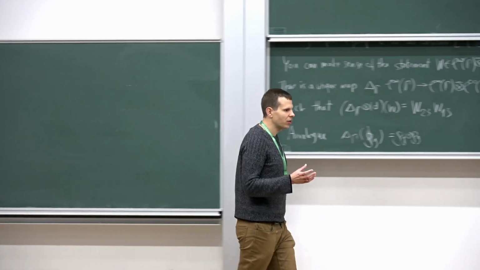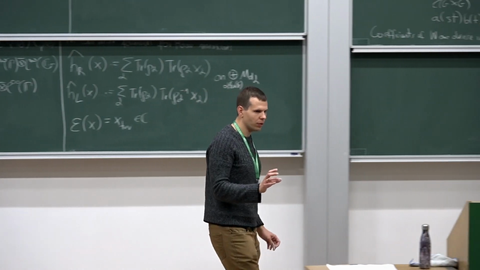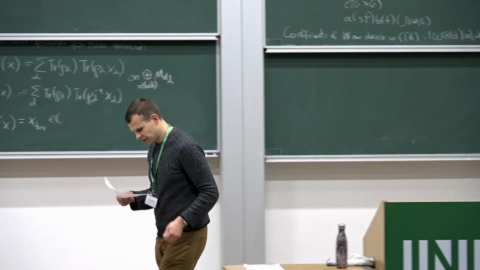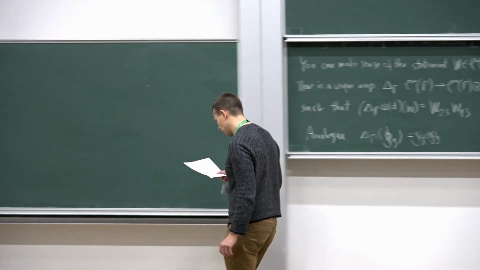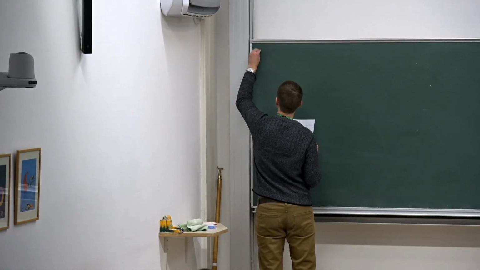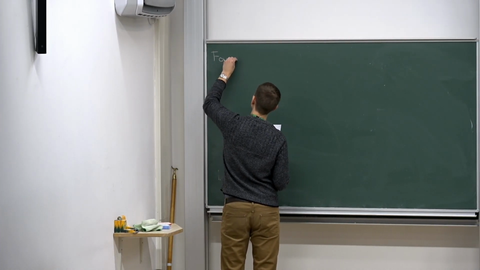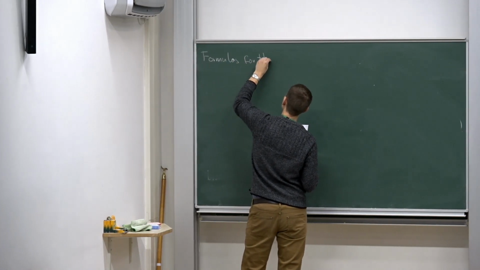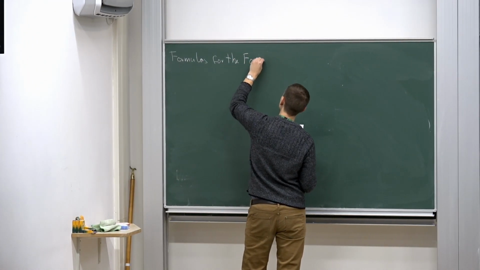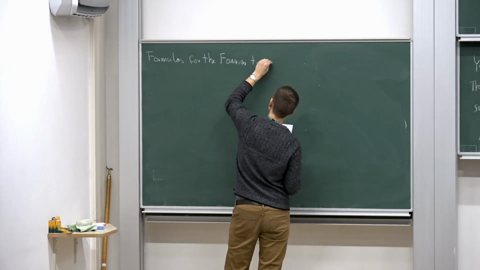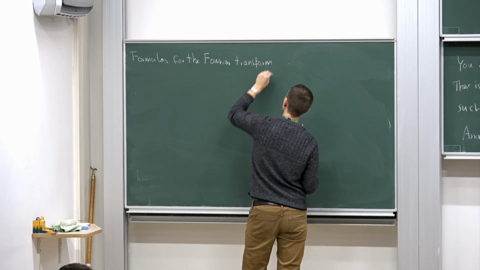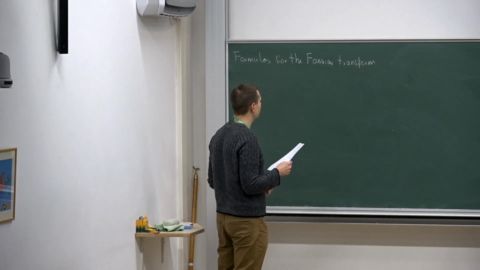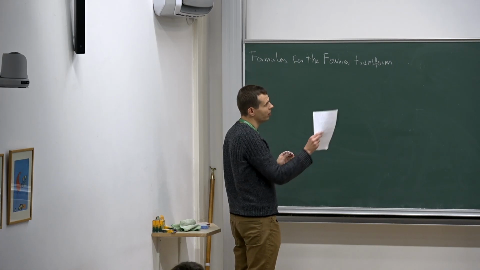So what we basically do now is to write the formula for a Fourier transform of a coefficient of some irreducible representation. Okay, so what's important, as I mentioned, we define the Fourier transform on functionals, right?